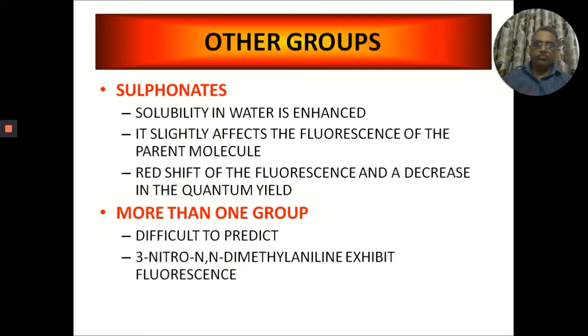Whereas if you have mixed substitutions, then it's very difficult. One such example is 3-nitro-N,N-dimethyl aniline, which exhibits fluorescence. You have the electron withdrawing nitro group, and also the electron donating group. It's complicated to explain what is happening in the molecule. This is how the substituents in the ring can affect it.